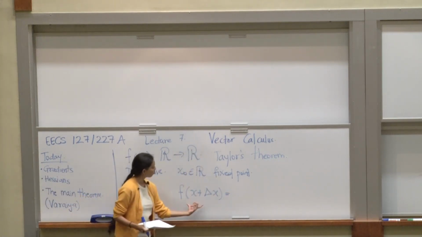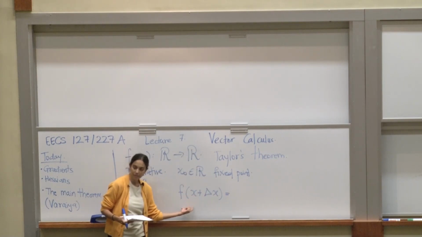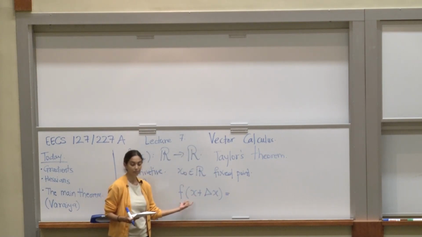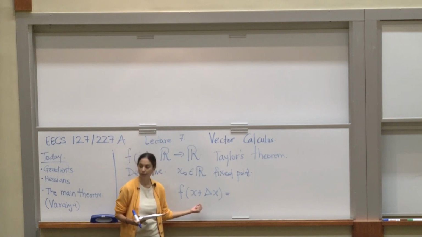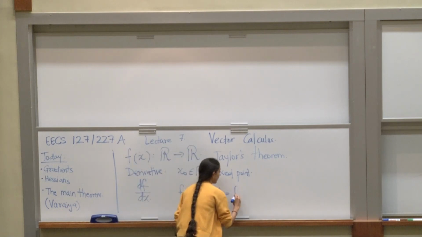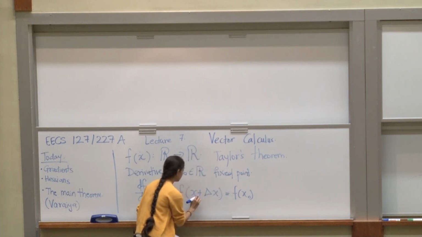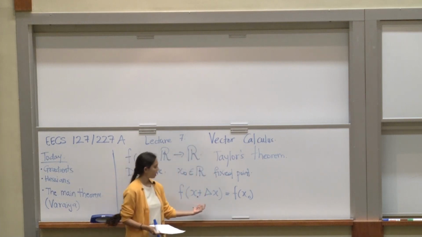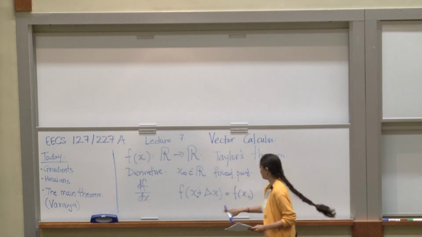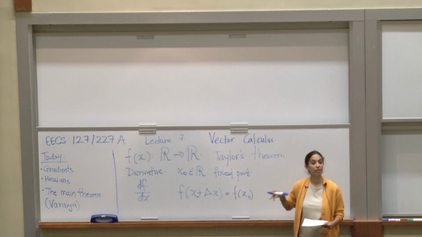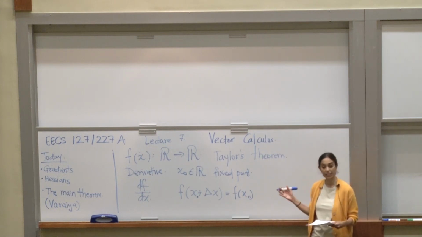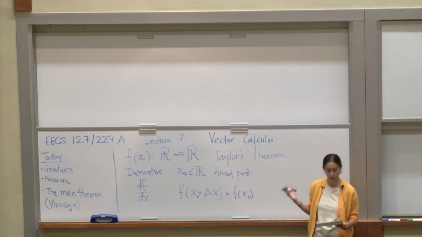It says I can write this function value, the function evaluated at some point close to x naught in a local neighborhood, in terms of the function at x naught itself, f of x naught, plus a correction term. And the nice thing is that this correction term is a polynomial term.